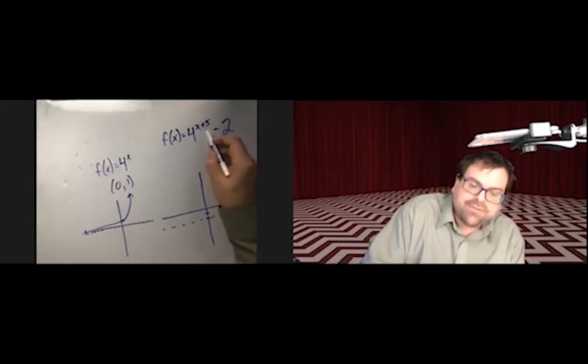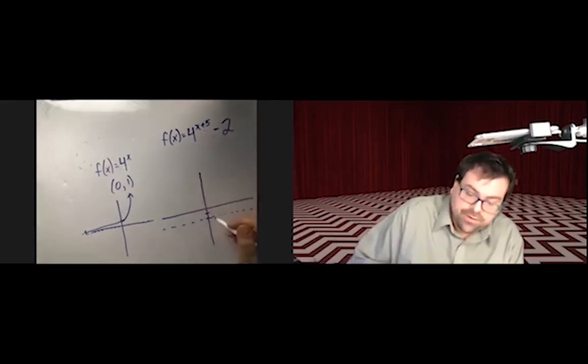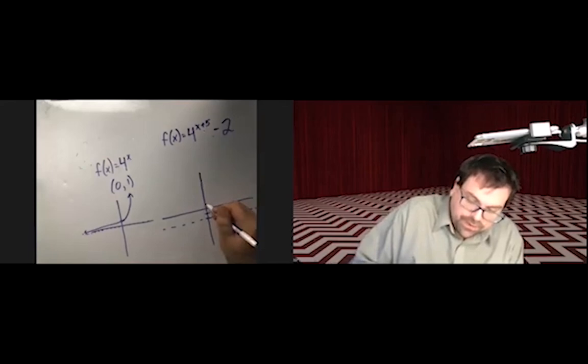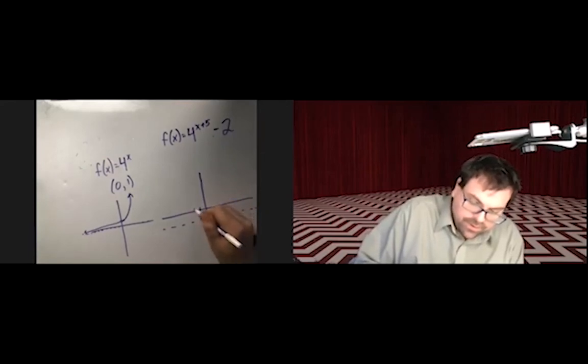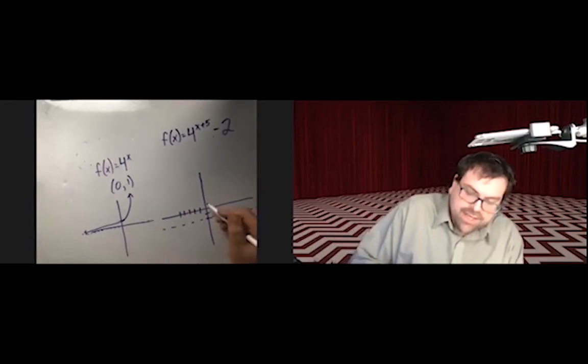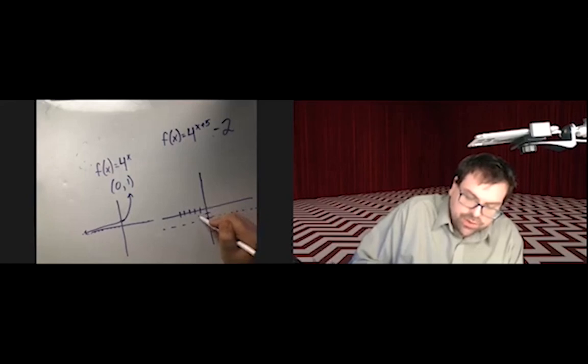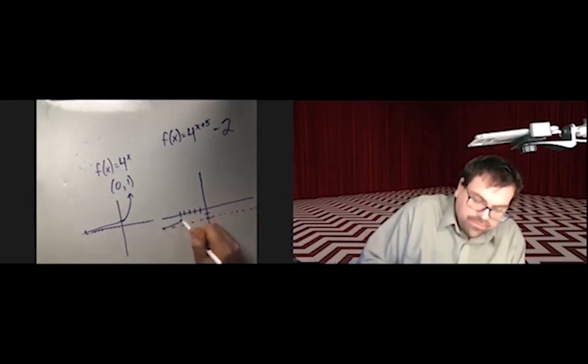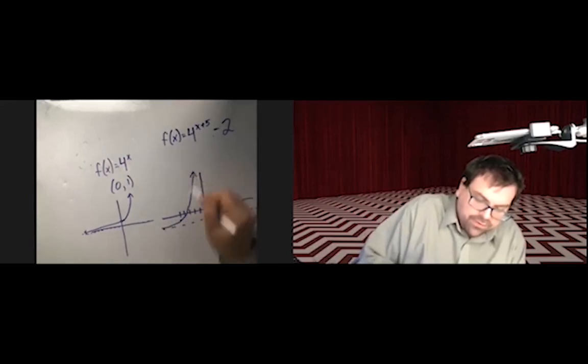And x plus 5, adding to the x, moves us left 5. So instead of our point at 0, 1, the point moves down 2, left 5. New graph looks like this.